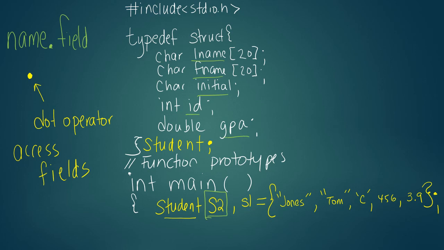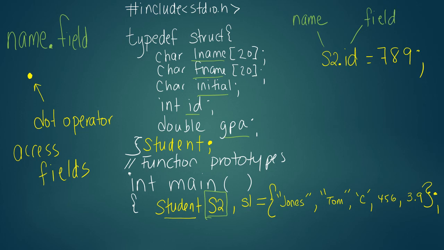So for example, if I wanted to assign an ID to my student S2, all I would have to do is just go S2 dot ID equals 789.